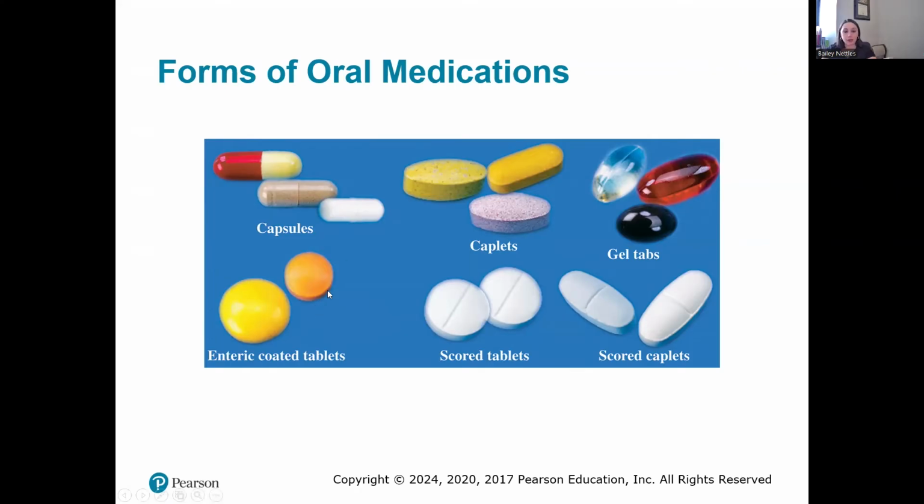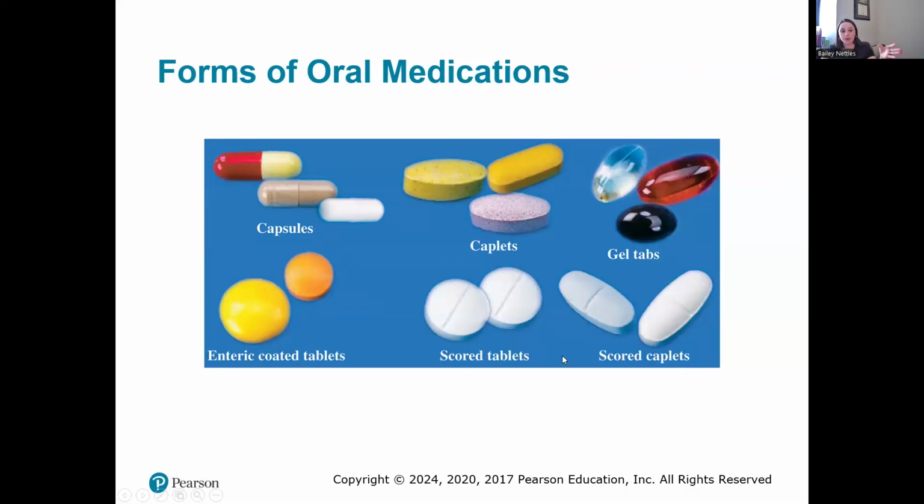If I crush it, I've defeated the purpose. I've gotten rid of the coating, and then it's going to dissolve in my stomach way too fast, and I'm going to overdose, or I'm not going to get adequate relief, or it's not going to work, period. We do not crush EC, enteric coated, delayed release, sustained release, or extended release.